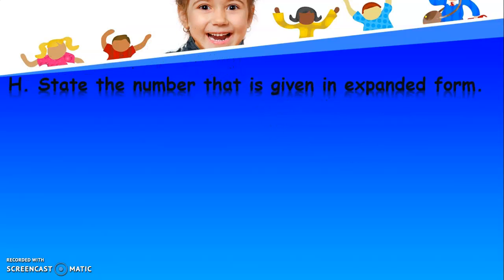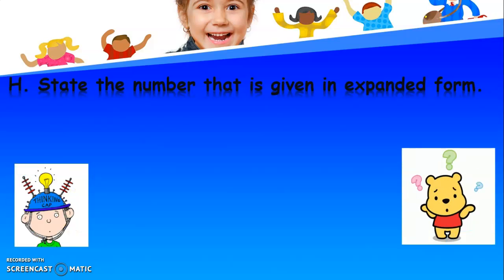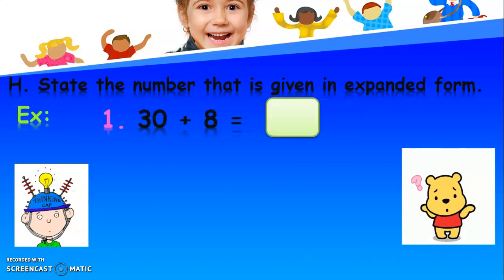This is now for letter H. So I will give you some examples before you answer letter H. Here you have to state the number that is given in expanded form. For example number 1, 30 plus 8 equals what number?